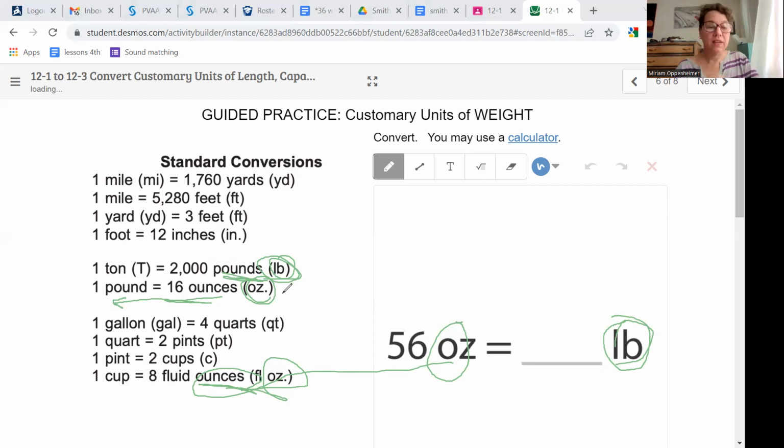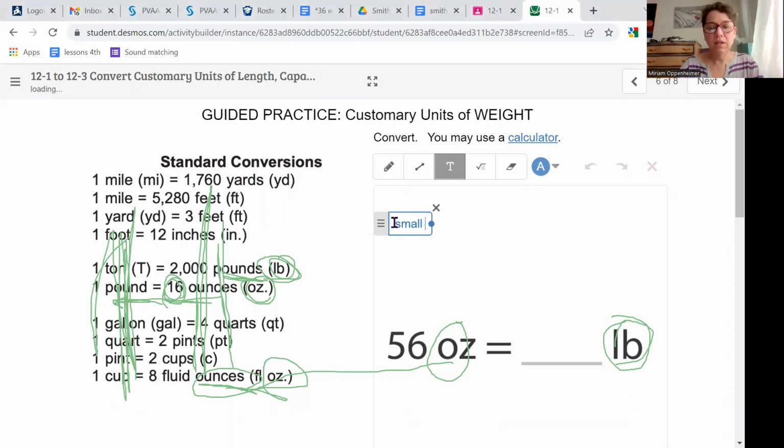So let's look. We have 16 ounces is 1 lb. Now we're starting with the small one and we're going to the big one, right? These are small, these are big. So if we're going to go from small to large, now we have to divide.